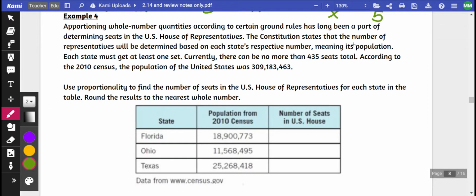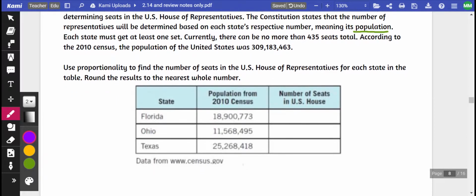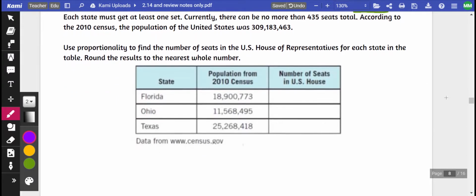The Constitution states that the number of representatives will be determined based on each state's respective number, meaning its population. Each state must get at least 1 seat. Currently, there can be no more than 435 seats total.